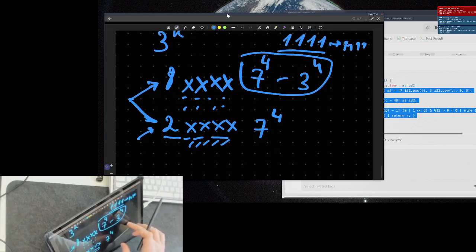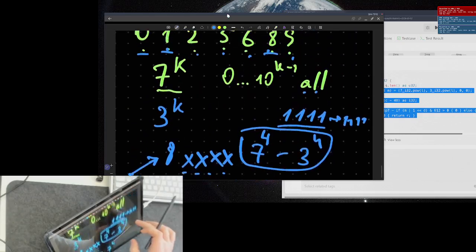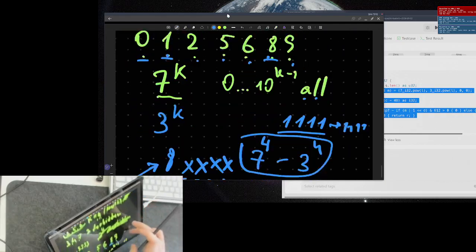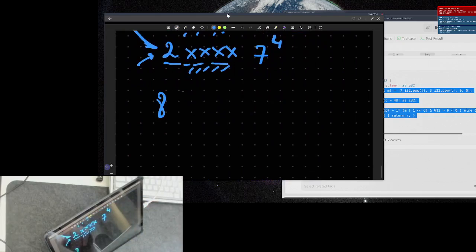And that means our initial 85499, let's return to 85499.